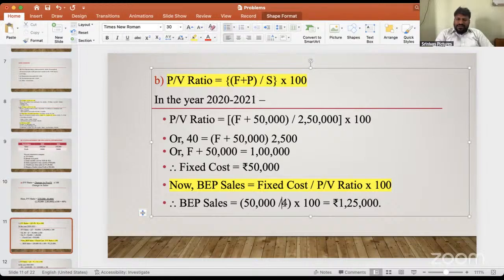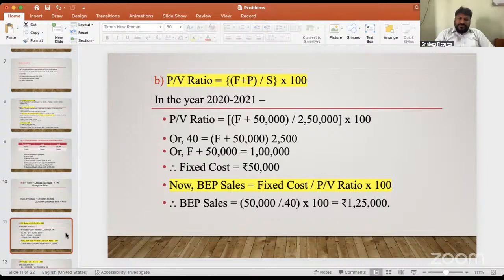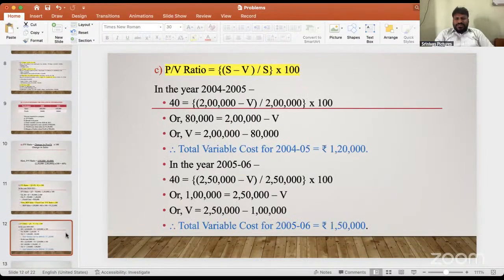Actually, this one is 0.4, that is 1,25,000. The remaining part is the variable cost calculation, already explained, the same thing only.